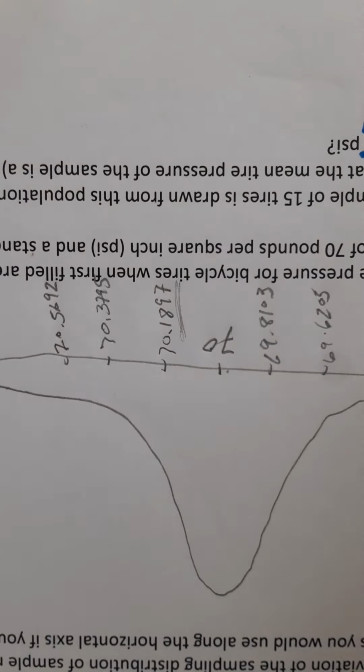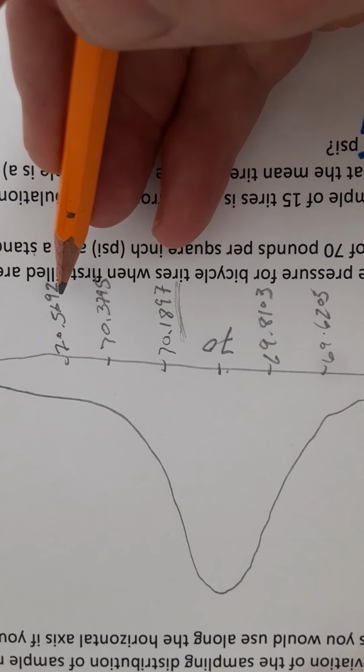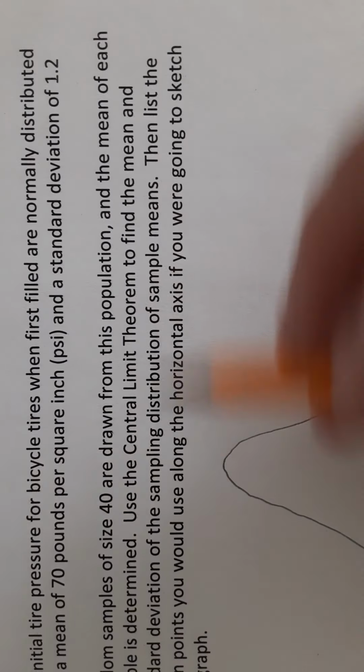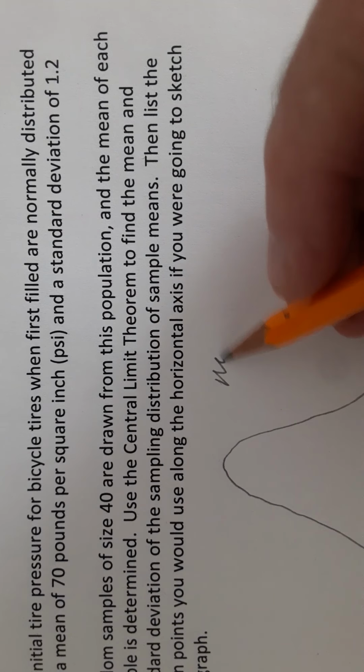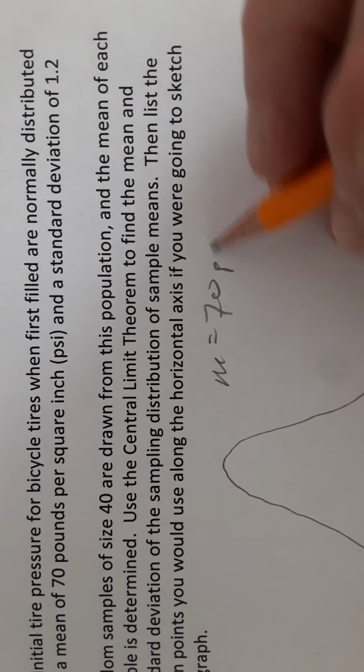Now, you did not have to make the picture. The question asked you for these numbers. All you had to do was list them. So initially you were asked for the mean. The mean matches the population mean, so the mean is 70 psi.